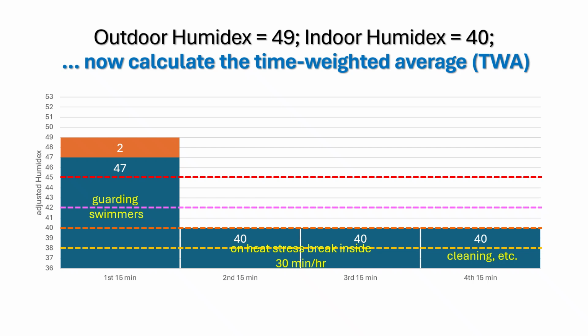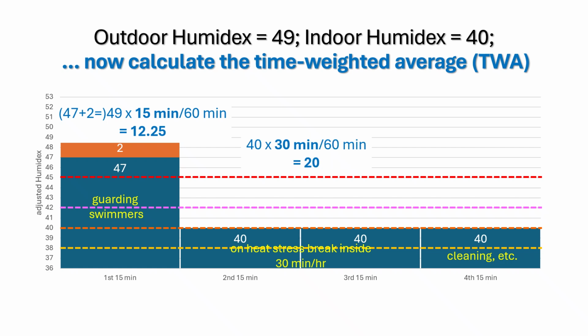And now we're going to calculate a time-weighted average. So what that is, we multiply the proportion of the hour, 15 minutes over 60 minutes, times the exposure for that 15 minutes. So for guarding swimmers, we have 15 minutes times 49.